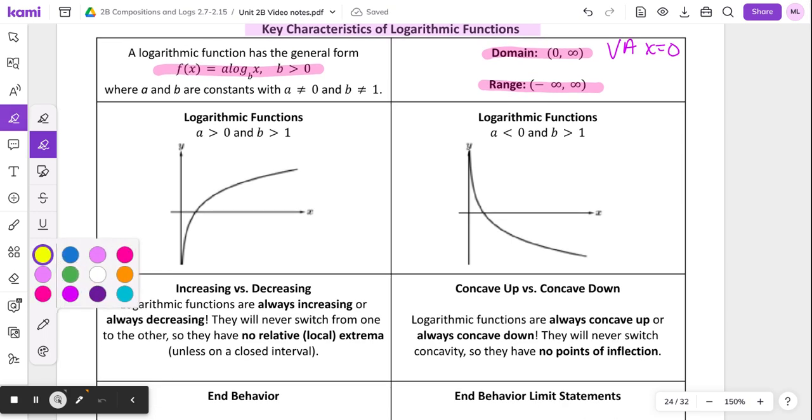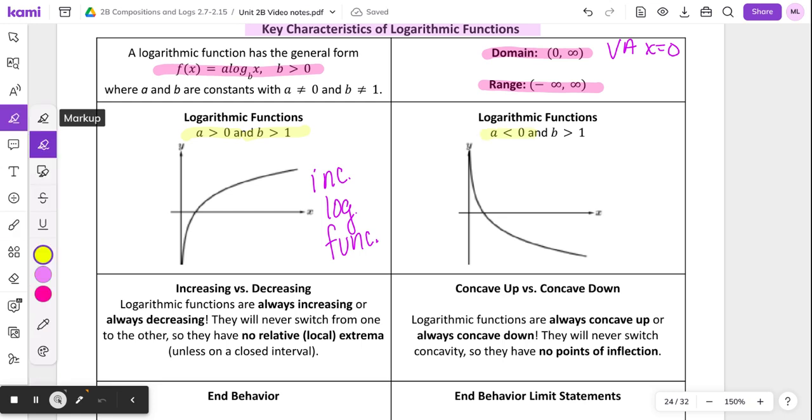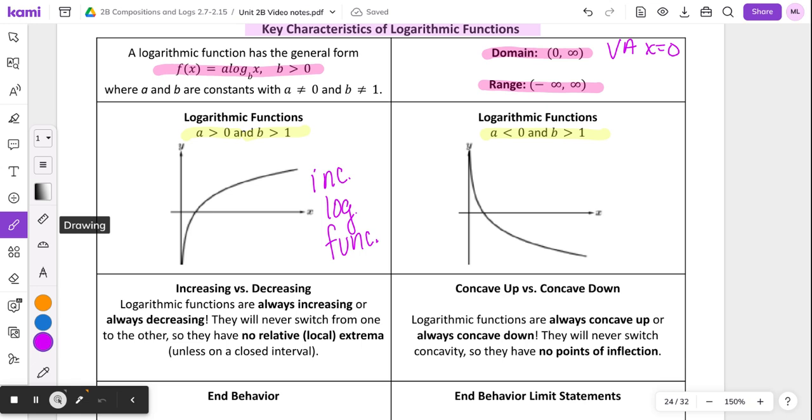All right, what they look like if the base is greater than 1 and a is greater than 0: a nice increasing log function. And on the other one, it should be b is between 0 and 1, and it looks like this here.